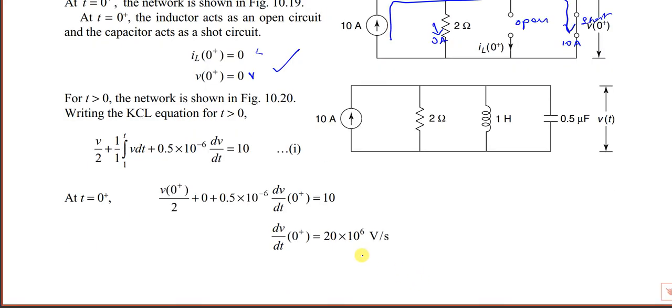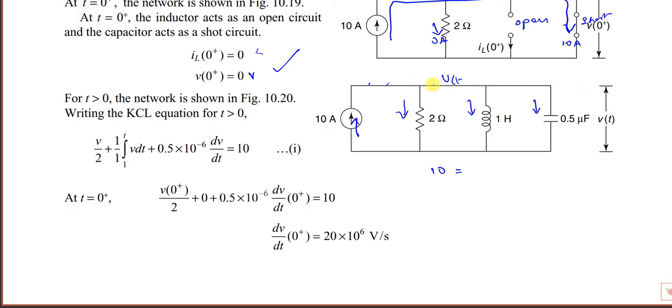Coming to this, for t greater than 0, the switch is closed now, and you have to write KCL. The current going into the node is 10 amps, and the current leaving the node is 3 currents. So 10 is equal to this voltage.